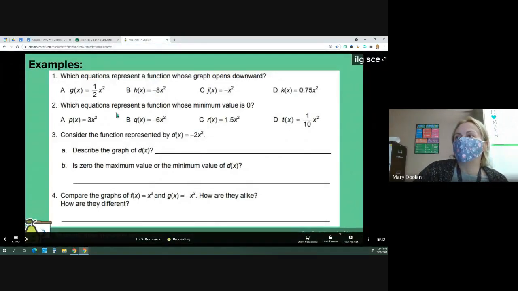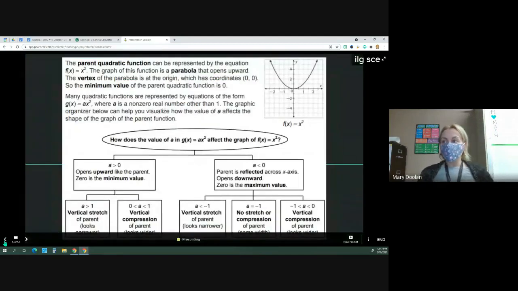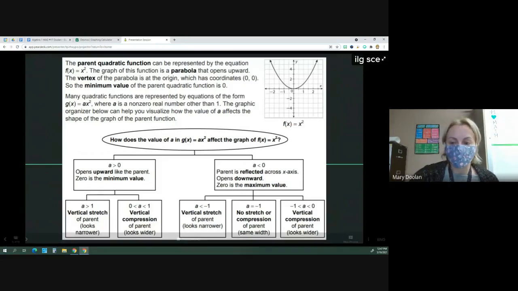So we're going to figure this out using our graphic organizer. You can also use Desmos to check your work. Which equations represent a function whose graph opens downward? So I'm going to come back to the graphic organizer and look for what has to happen for my graph to open downward.